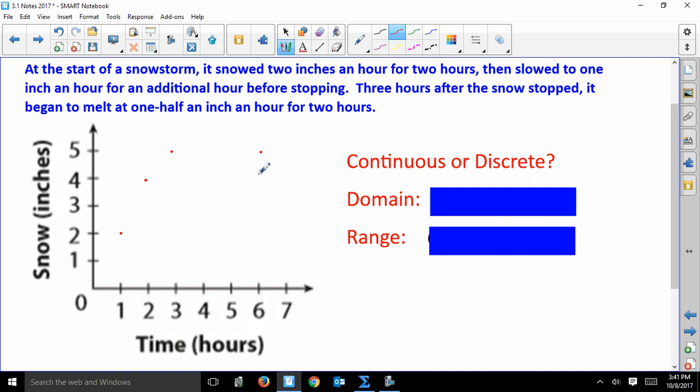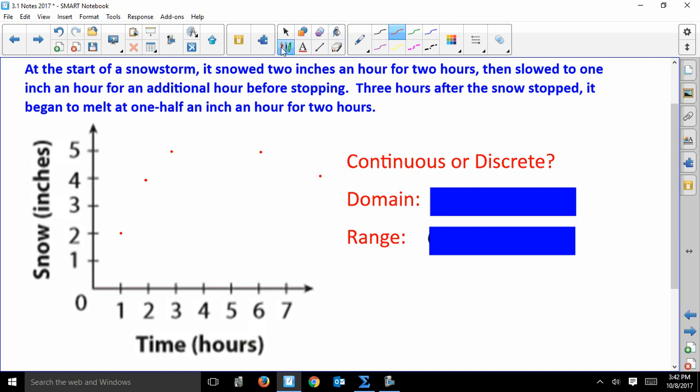So between hour 6 and hour 8, and hour 8 is actually not even on the graph, it would have to be over here, we would lose 1/2 an inch per hour. So we would lose 1/2 an inch by hour 7 and 1 full inch, so we're down to 4 inches by hour 8.